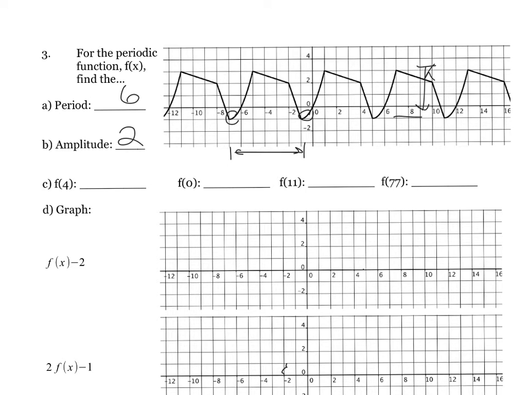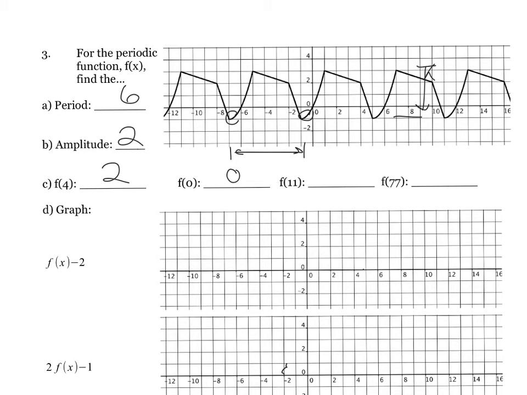So we go look at the graph when x is equal to 4, and see where that vertical line crosses the function. It crosses at a vertical position of 2. So f of 4 is 2. F of 0, we'll look at x equals 0, and the function goes right through the origin, so f of 0 is 0.